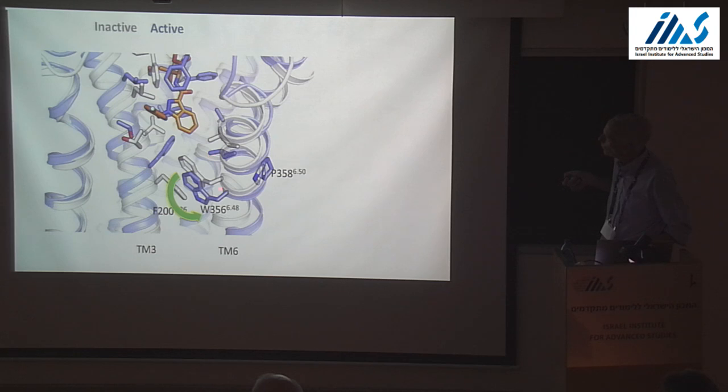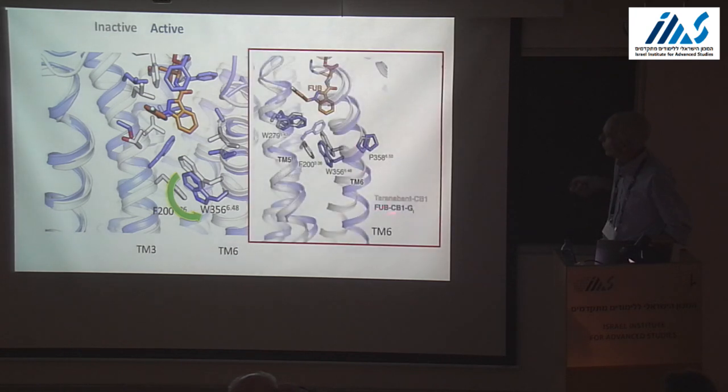And this small rotation in the middle of the helix, with this proline right here, leads to this outward movement. So this is a very simple mechanism. We've never seen anything quite so easily understood. This tryptophan is called the rotamer toggle switch, but this is the only structure where I've ever seen it really make a difference in terms of the conformational change.